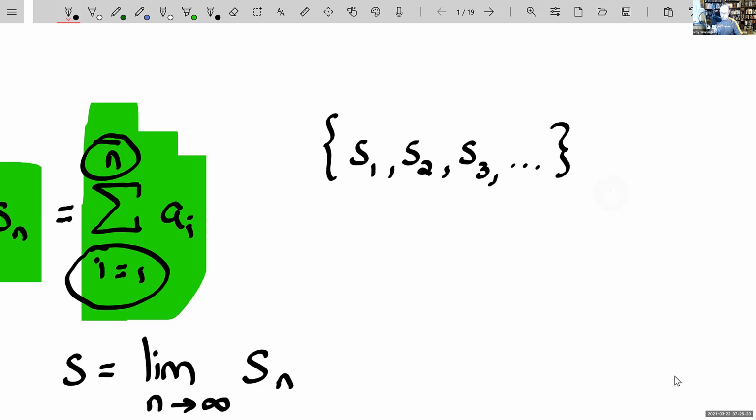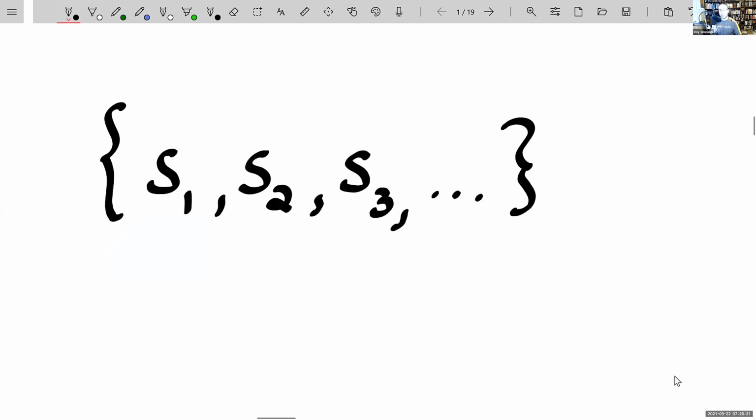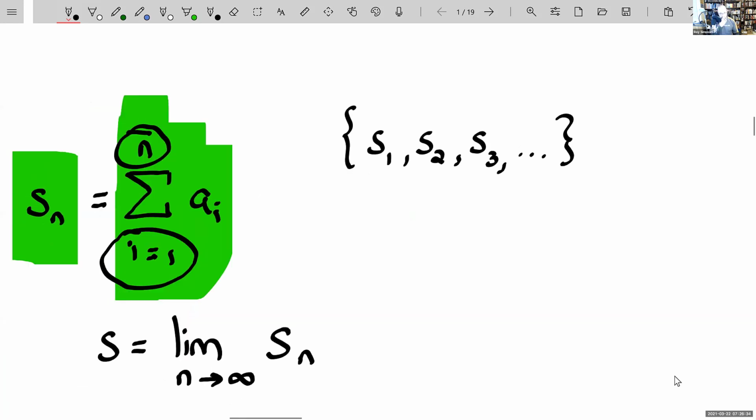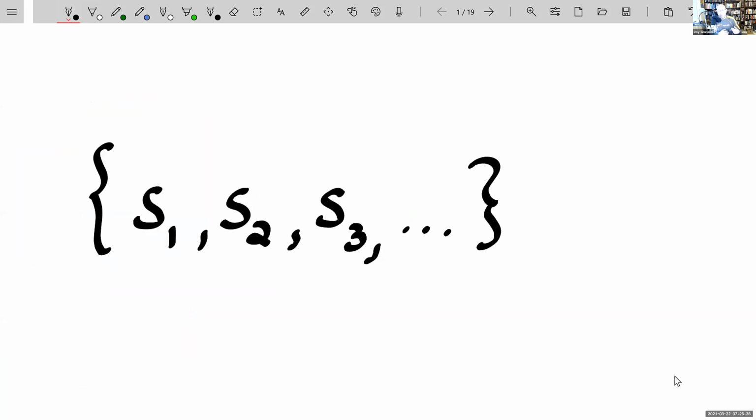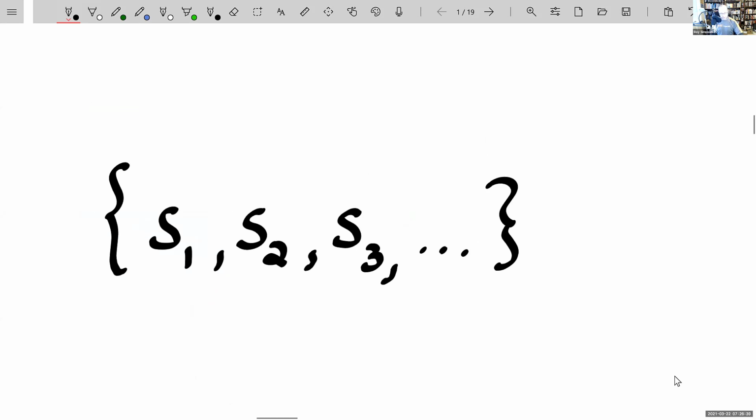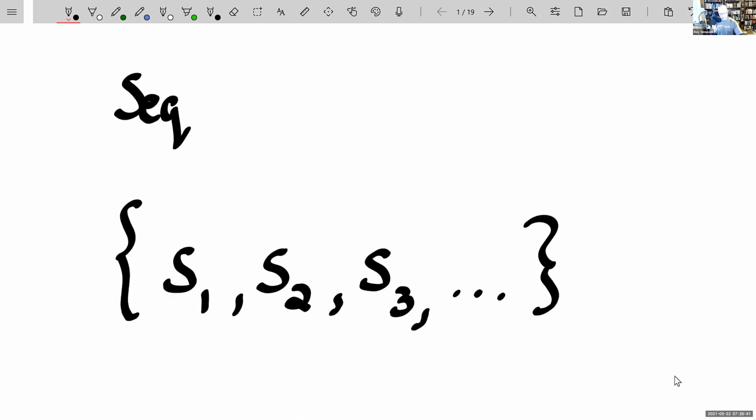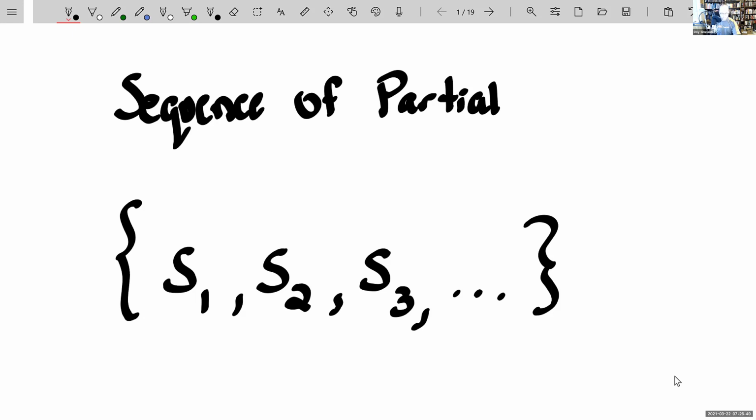It builds us a brand new sequence, and we can determine based upon 11.1 whether or not that brand new sequence, I'll call this the sequence of partial sums, converges. We take the limit as n goes to infinity of this sequence S sub n to determine whether or not that sequence of partial sums converges.